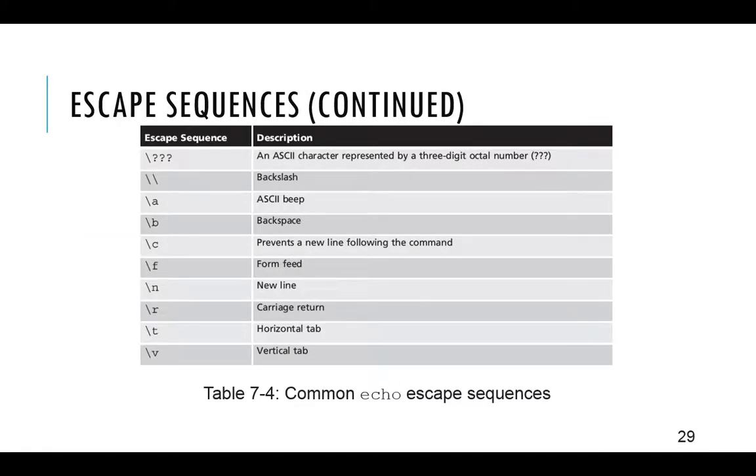You can make it beep, which if you do this, I'm going to fail you for the class. If you write a script and do the \a, I'm going to fail you for the class, just to let you know, especially if you put in an infinite loop. Had someone try that last summer. You can do all sorts of different things. If you want to print a backslash, you have to use a double backslash to print it.